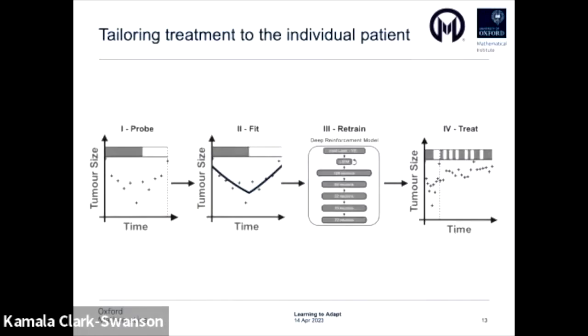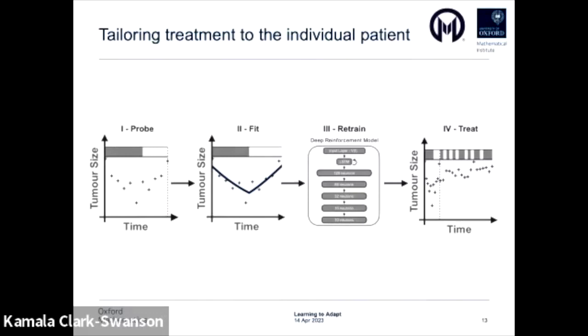And so our protocol, very quickly before my time runs out, is that we want some way to get this information about each individual patient before we start treating them. Now, when a patient comes into the clinic, we have no idea how they're going to respond to treatment. Previous work here has looked at the entire treatment history of a patient. When a patient comes into the clinic, we don't have that information.